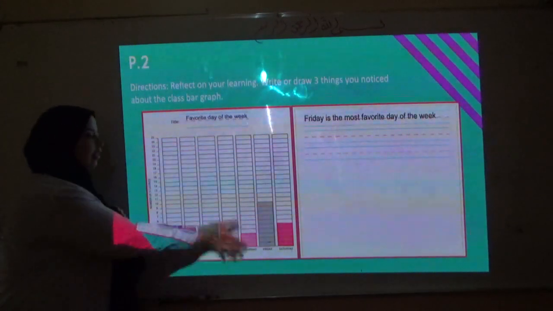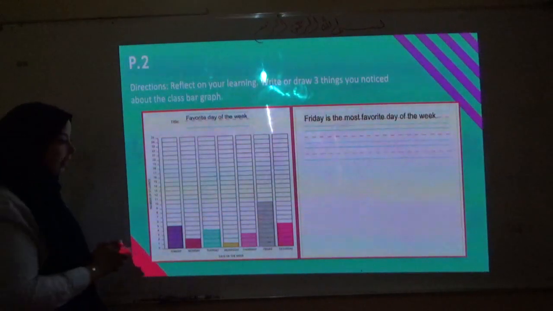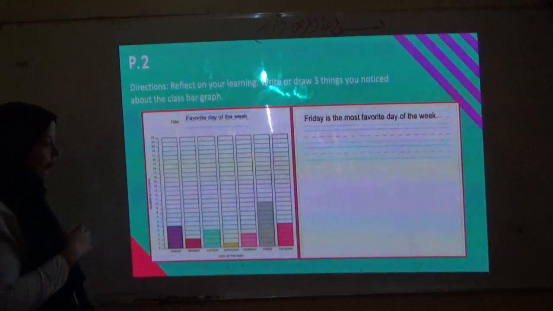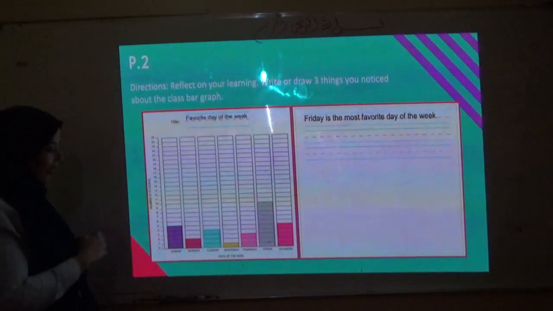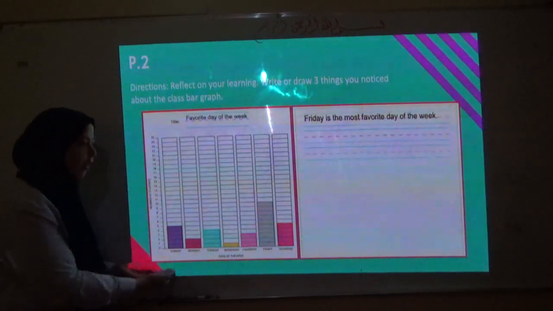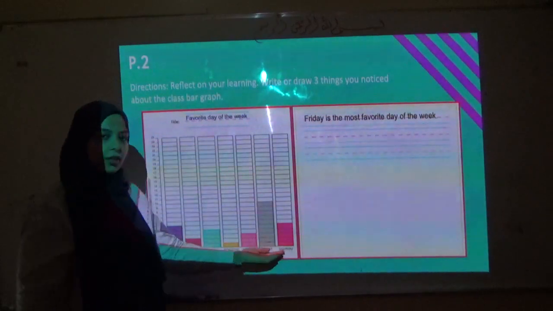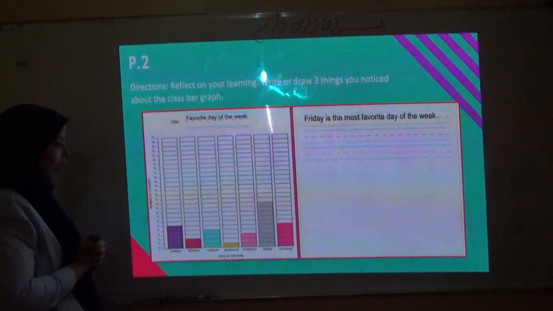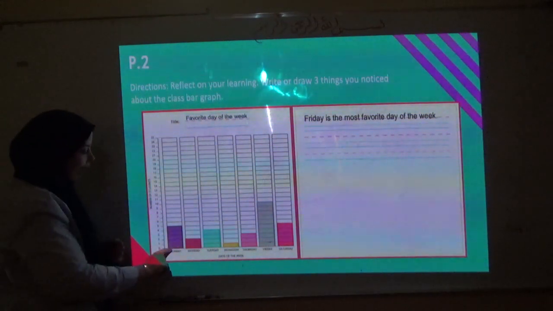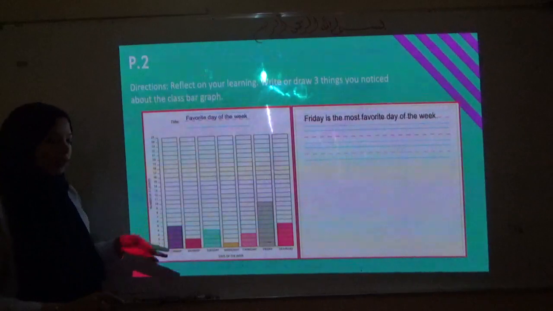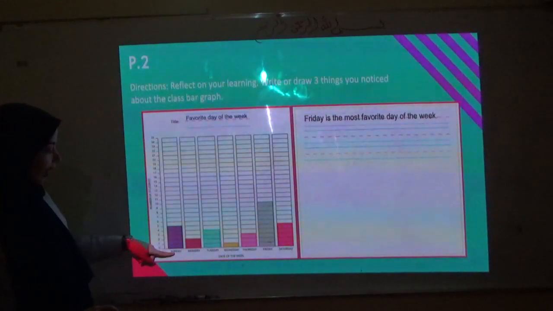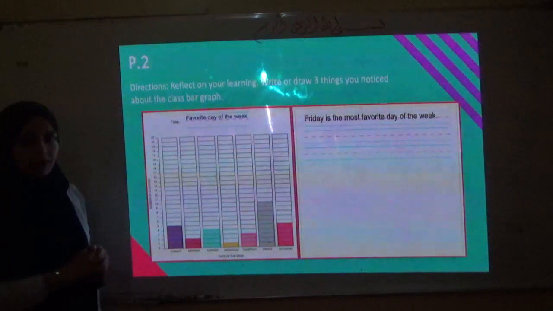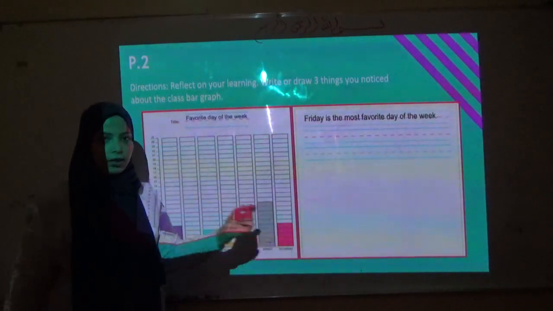Again, look at the graph and guess what other information I can get from it. You can see the beginning of the graph, Sunday, and the ending of the graph, Saturday, have the same value. This means that I have 5 friends, or 5 students, who like Sunday, exactly equal to the number of students who like Saturday.